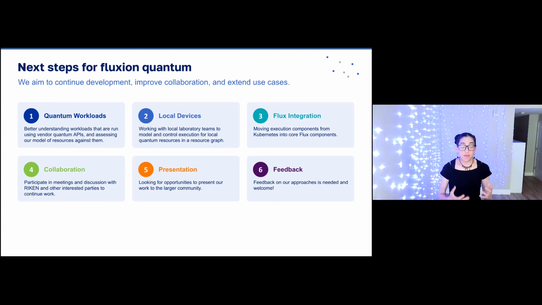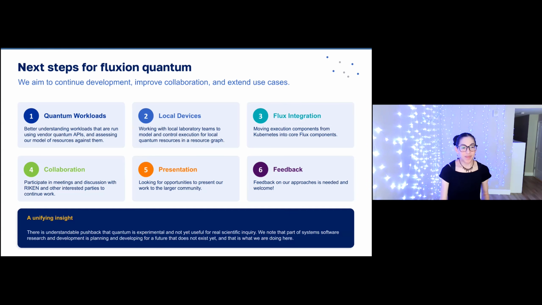We do want to have pieces in Flux core that can support the local devices. We, of course, want to explore our collaborations and present our work. And the fun part is really talking to all the folks here and getting feedback from you. And this unifying insight, again, is that although it's not useful now, it's going to be in the future. So let's work on it together.